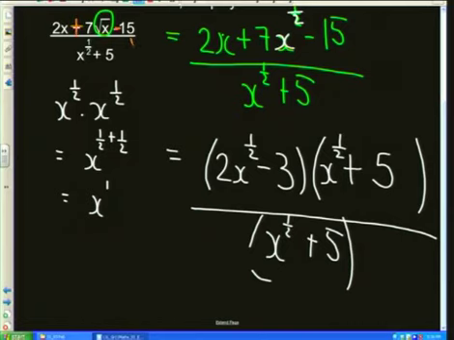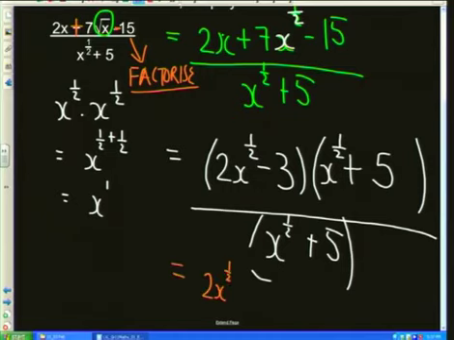There are no other options, grade 11s. If there are terms, I must go and factorize. I won't be able to get out of that jungle without factorizing. So in the end, that goes in there, and we're left with 2x to the half minus 3. So we're only left with that portion.